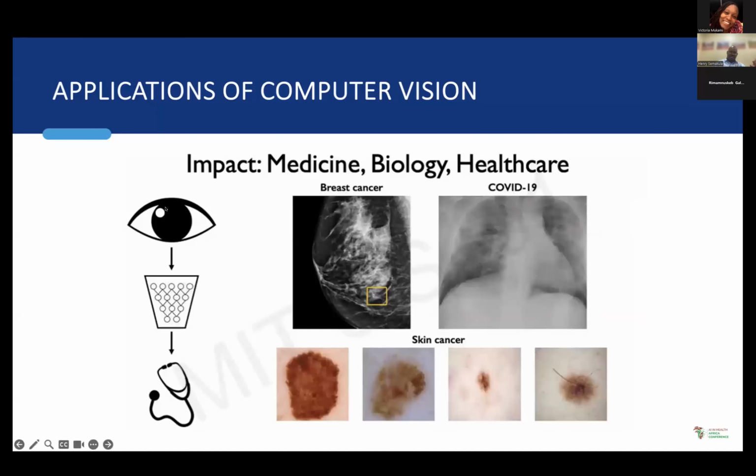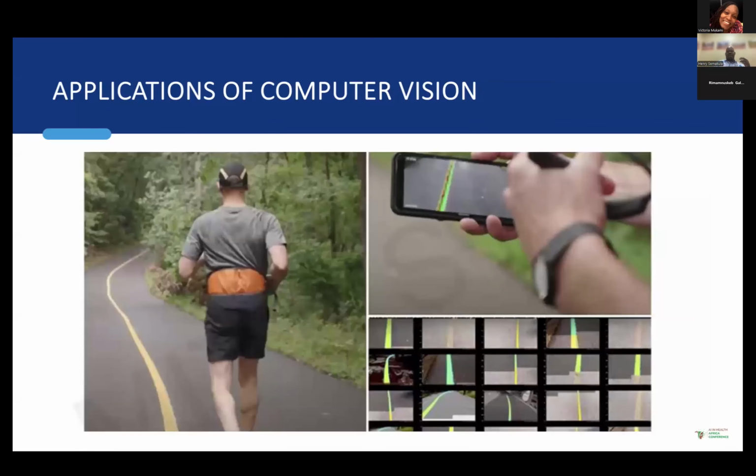You have skin cancer or you don't have skin cancer. The Google Maps that we use to tell us the alternative route that we should use, maybe this route has a lot of traffic, computer vision.